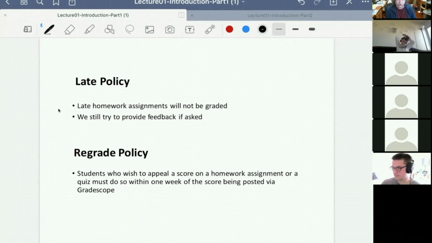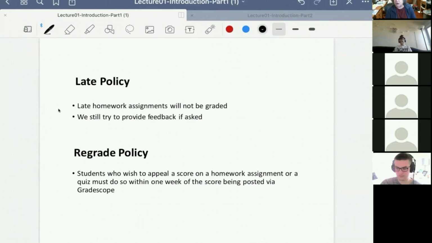If on your homework or quiz you believe that you were not graded properly, that we missed something on your grade, usually that means you got more points taken off than you thought you deserved, you must do so within 1 week of your score being posted on Gradescope.